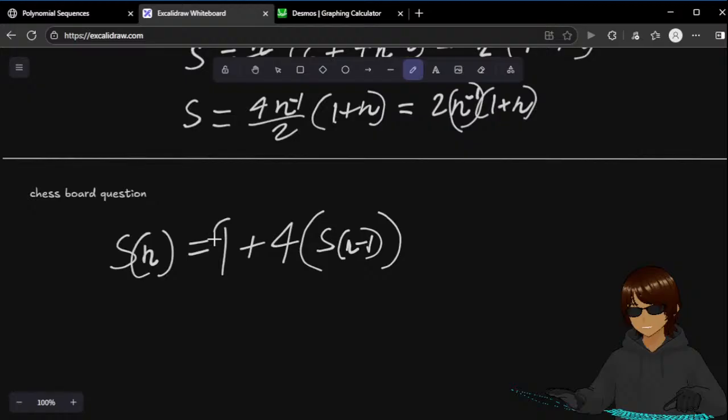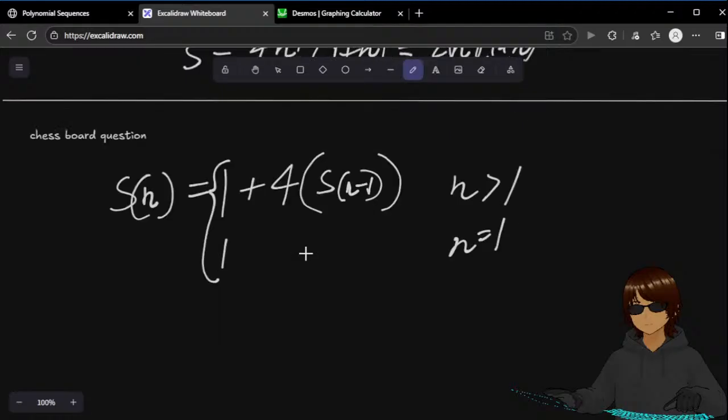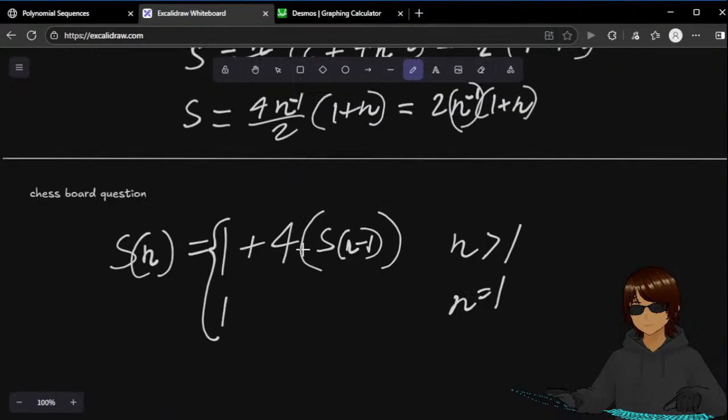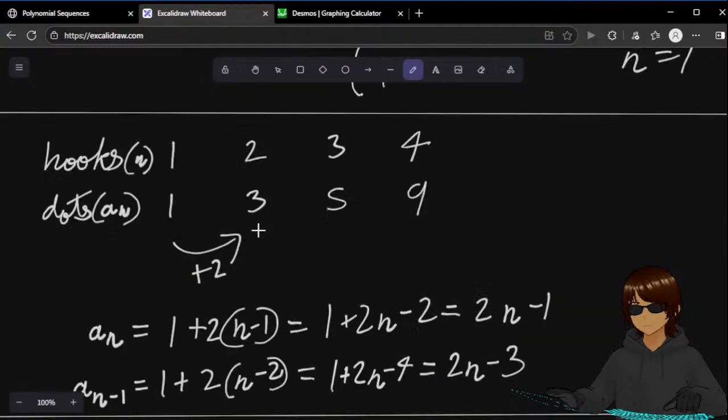There's a new formula. But if this is true, then we have n squared plus n minus 1.